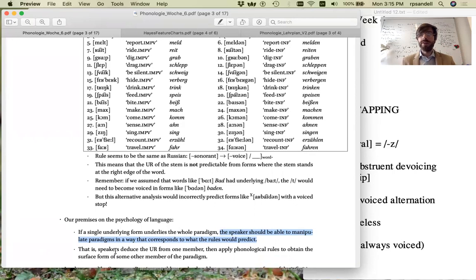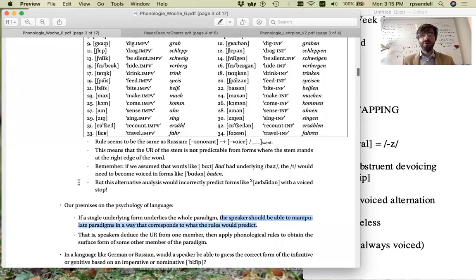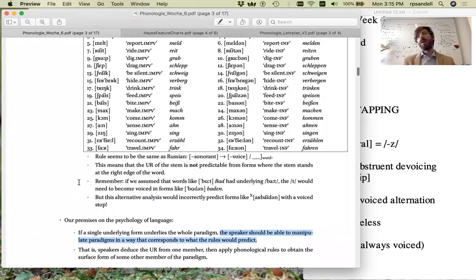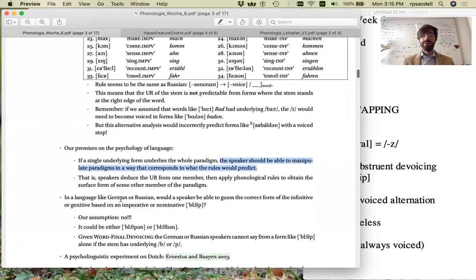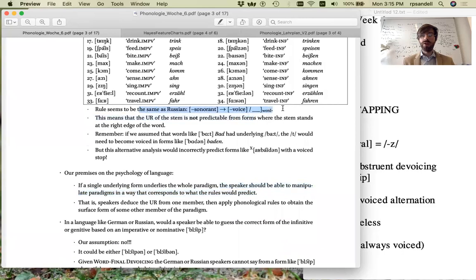In other words, we're saying that speakers deduce the underlying representation of a stem from one member and then apply phonological rules to obtain the surface form of some other member of the paradigm. So if we consider languages like Russian or German, which have these processes of word final obstruent devoicing, then we can ask ourselves an interesting question, which can actually be experimentally tested.